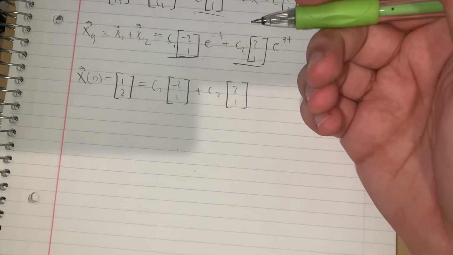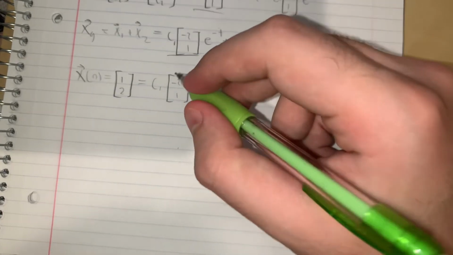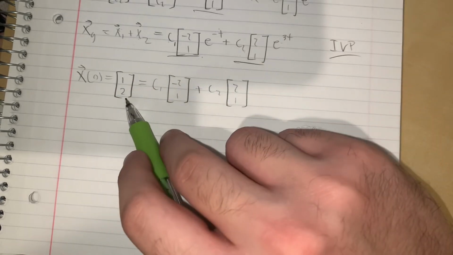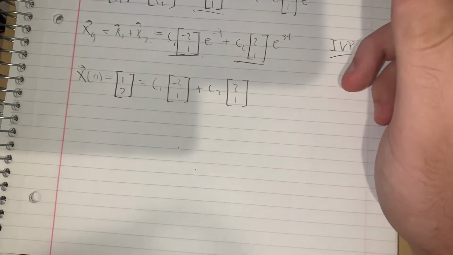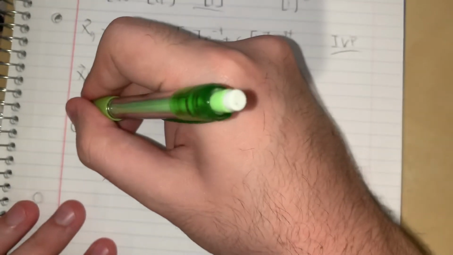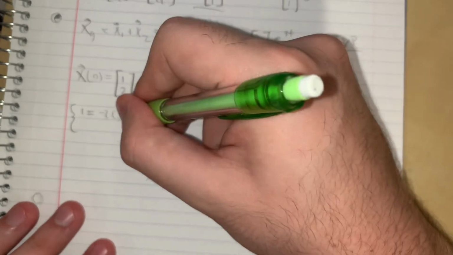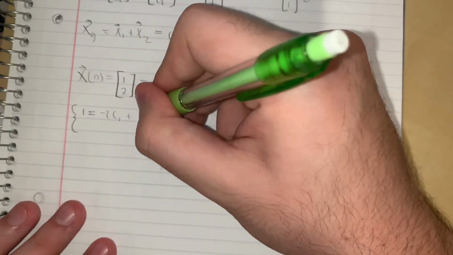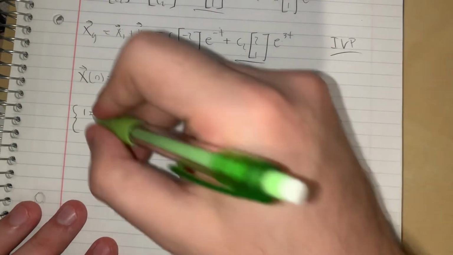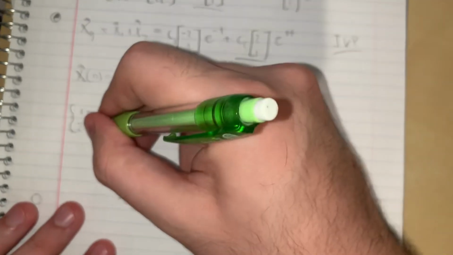This is actually just a system of equations: -2C1 plus 2C2 equals 1, and 2 is equal to C1 plus C2. So let me write that out as a system. 1 is equal to -2C1 plus 2C2, and 2 is equal to C1 plus C2.